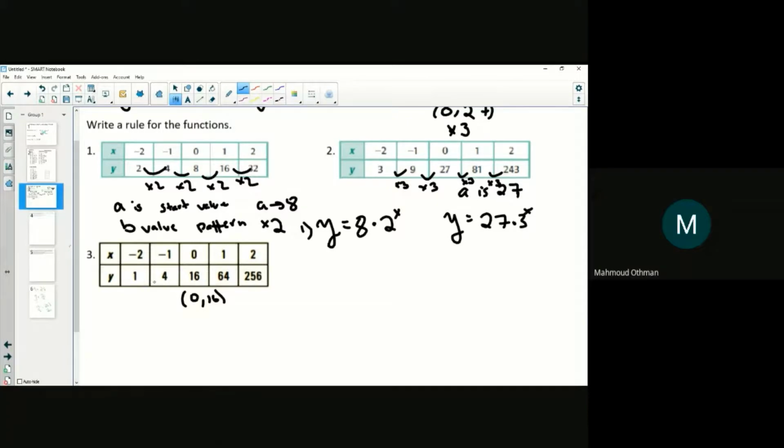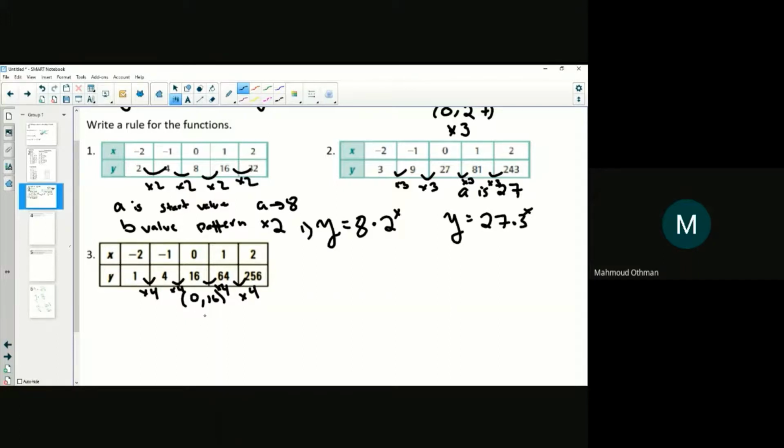With addition, you'd add 3 plus 12 plus 48. Doesn't give me a consistent pattern, but it looks like it follows a pattern of multiplication. So from 1 to 4, use times 4. 4 to 16, use times 4. 16 to 64, use times 4.